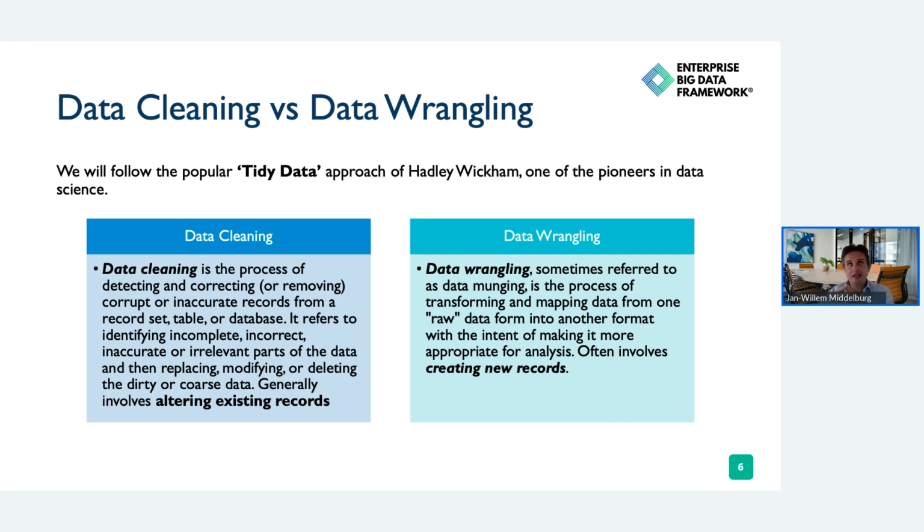So data cleaning is more around changing your existing data set by either removing specific data or changing specific values, or even sometimes altering or imputing data to make it more relevant. There's a very fundamental difference between the two, and I always like to start with that because in practice I see that there's a lot of discussion and disputes around these two definitions, and people kind of use them interchangeably.